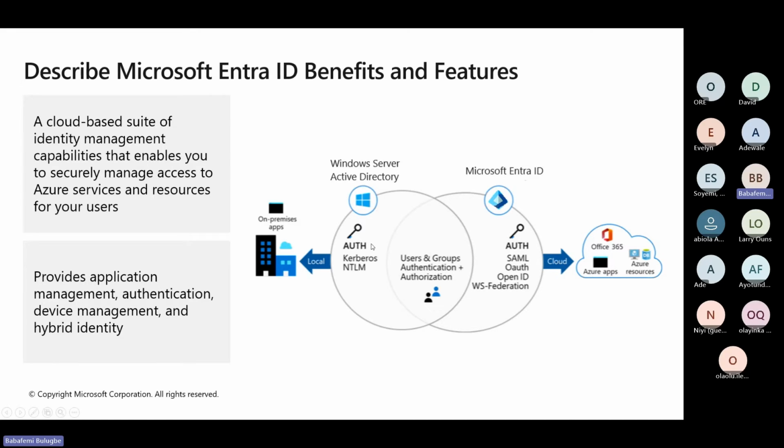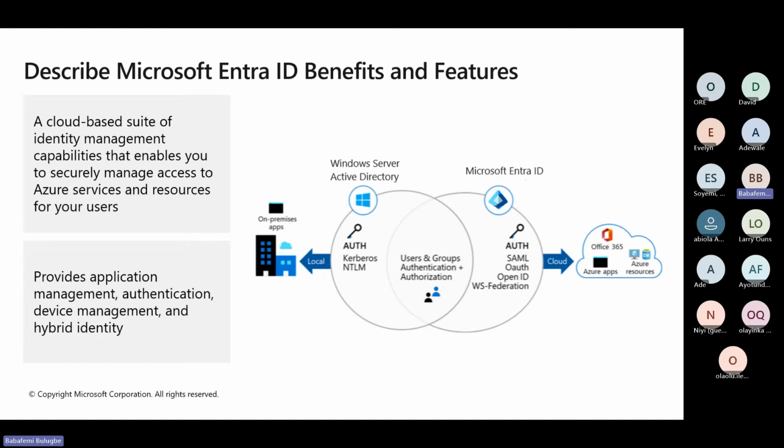So here you can see this particular server, which is the local on-premises. It controls, so you can do users and groups. You can create users and groups on there. Then you can do authentication and authorization. I'm sure we talked about the difference between authentication and authorization, where I said when it comes to access, then we are talking about authentication.